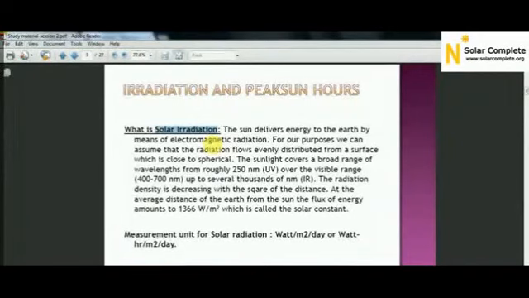You can fix this instrument anywhere, at a particular location on the earth or on a particular roof, and it will measure the solar radiation and display the result on a screen. Okay, now before that we have to understand the measurement unit for solar radiation.